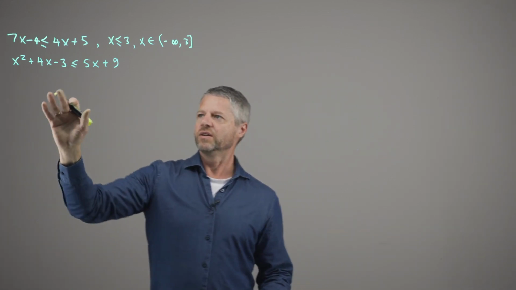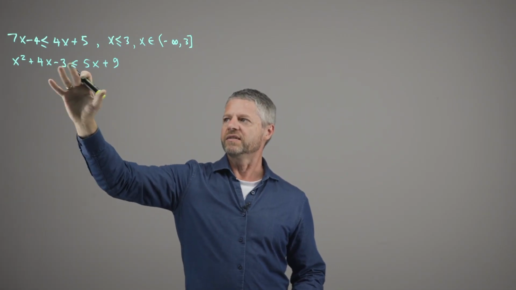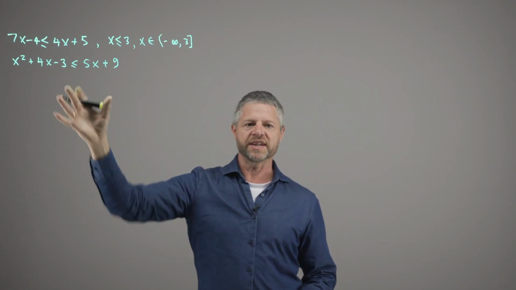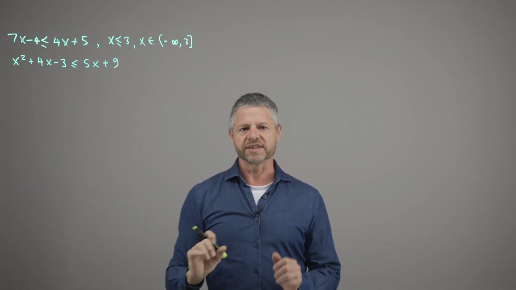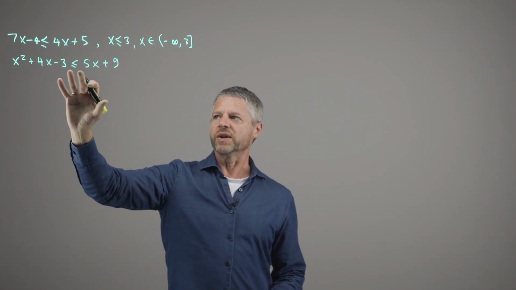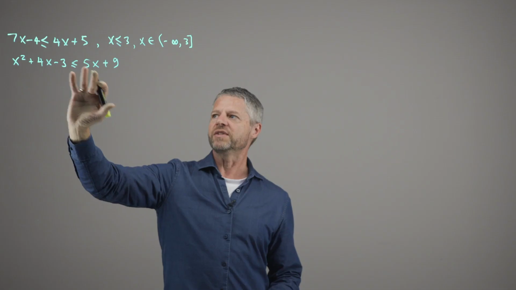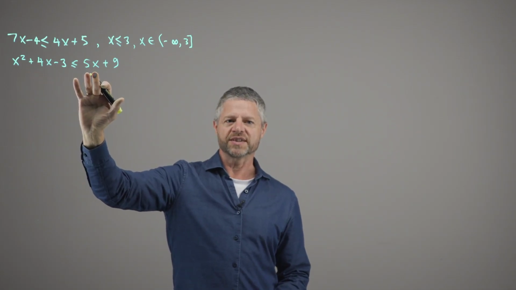So we employ a similar method when we're solving this kind of inequality, which in this case is quadratic, but you'll see that the end result is a little bit different. What I want to do is move everything onto one side of the inequality and just leave 0 on the other side.